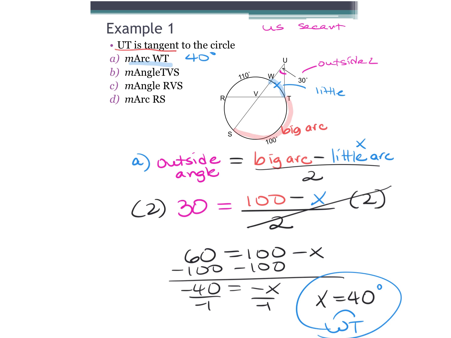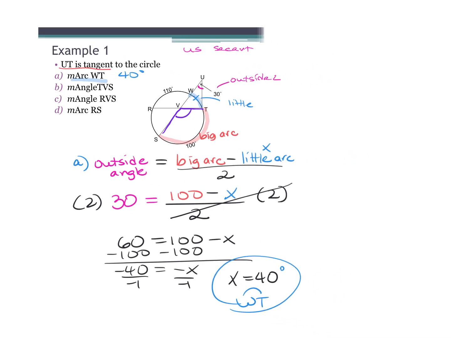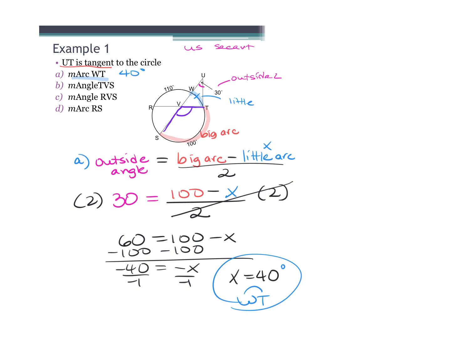Now let's take a look at where angle TVS is located. Angle TVS is this angle right here. Notice this looks like one of those floating angles. So for part B, I'm going to use my floating angles theorem. This is just what I call it.